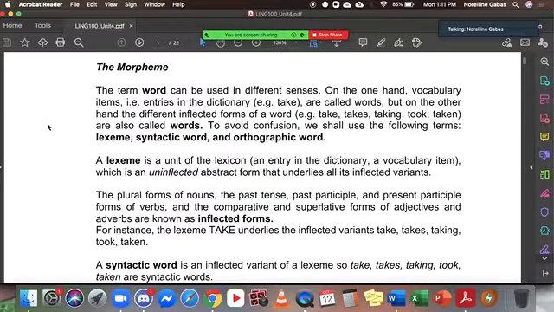Yung uninflected, yun yung tinatawag natin na root word in elementary and high school. So, inflection, yung napalitan, yung nag-transform.